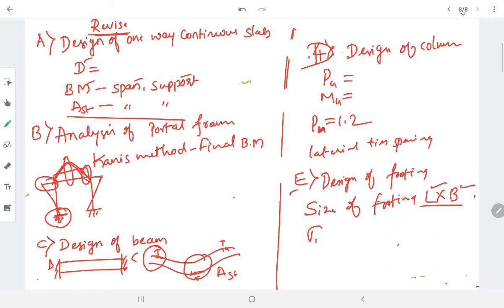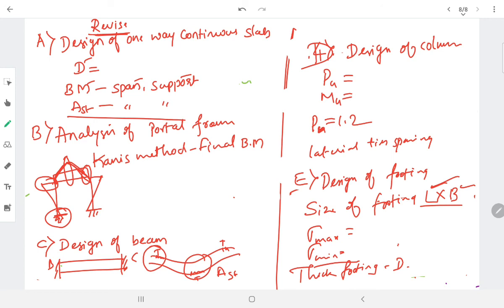Then we have checked for sigma max and sigma minimum, and sigma minimum should not come negative. If it is coming negative, then revise the length. Then afterwards we have calculated the thickness of footing, once we have decided L and B.